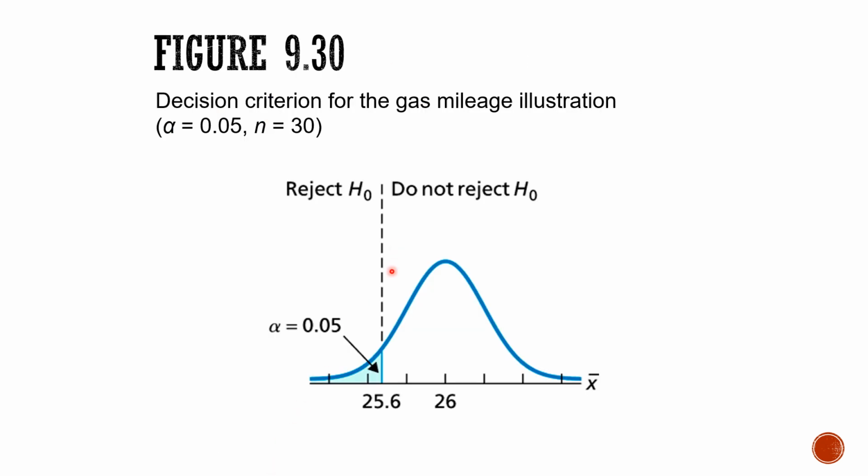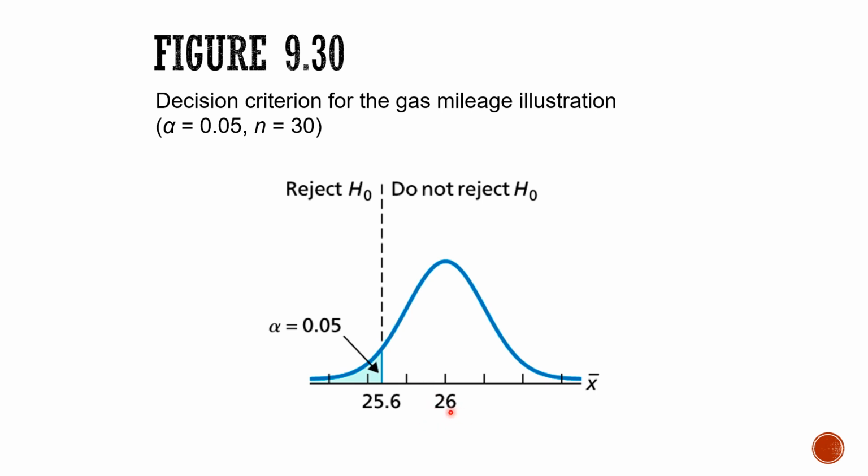Now here is a diagrammatic representation of the hypothesis test that we talked about on the Orion cars. In this figure, under the normal curve, they have the null hypothesis mean, which was 26.